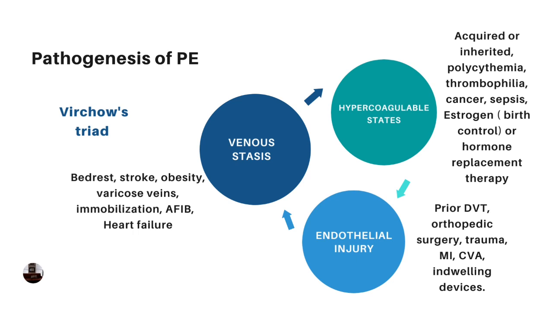And injury to the endothelial wall can result from orthopedic surgery, previous DVTs, trauma, MI, CVA, or any indwelling devices. For venous stasis, anything that makes the blood stagnant, as in bed rest, stroke, obesity, varicose veins, immobilization, AFib, and heart failure.